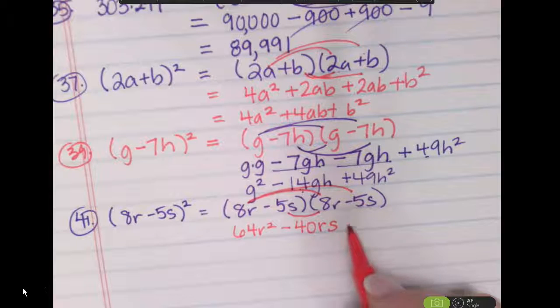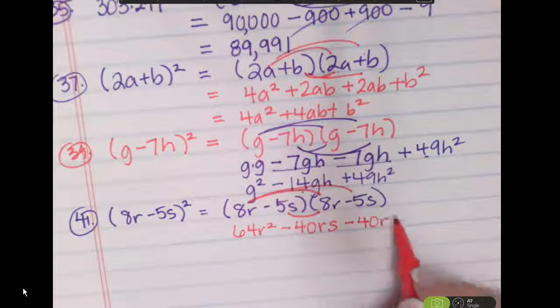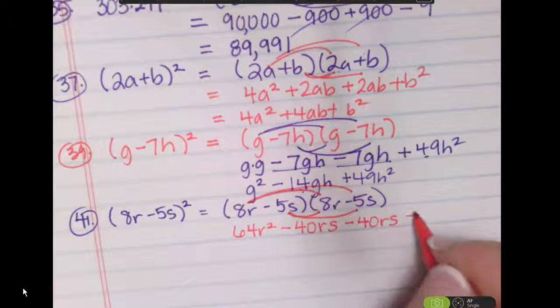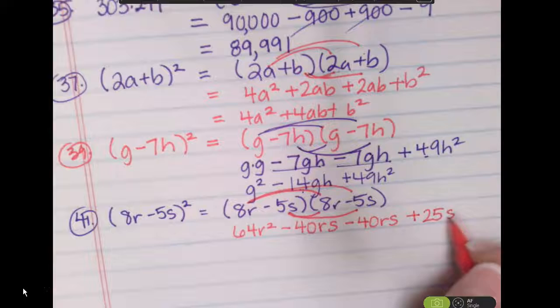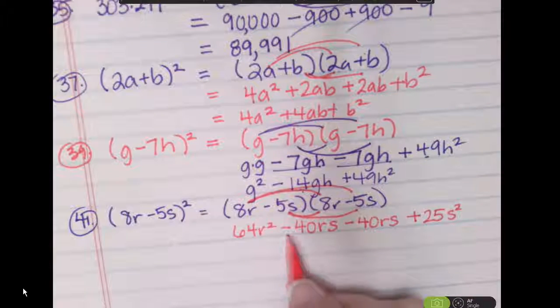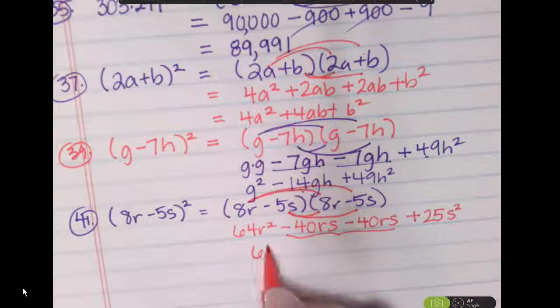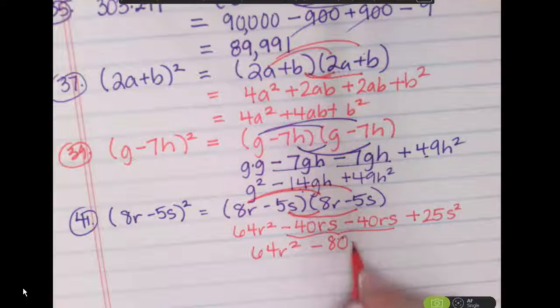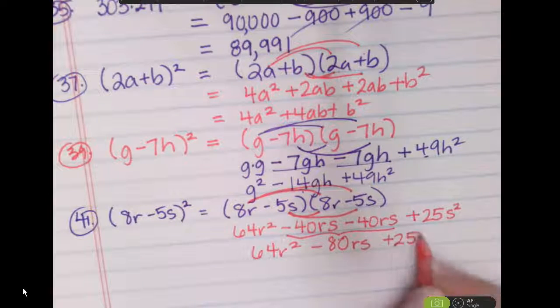Minus 5s times 8r is minus 40rs. Minus 5s times minus 5s is plus 25s squared. So again, I just need to combine these middle terms: 64r squared minus 80rs plus 25s squared.